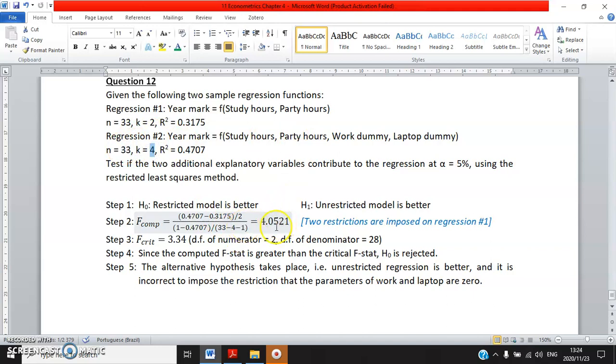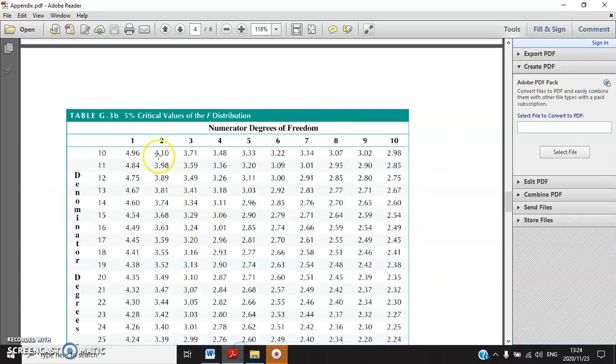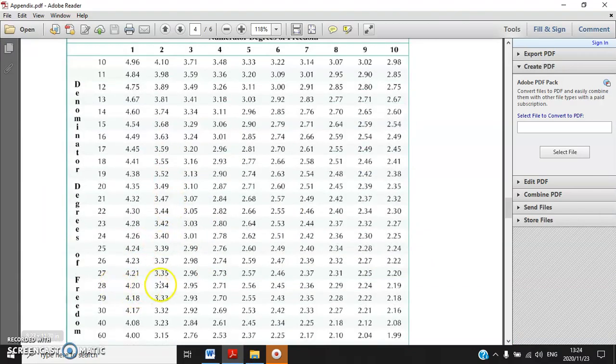So this is my computed F-stat 4.0521. Critical F-stat, alpha is 5%, degrees of freedom of numerator is 2, degrees of freedom of denominator is 28. You can do the subtraction. 2 and 28. Alpha 5%, so critical F-stat is 3.34.